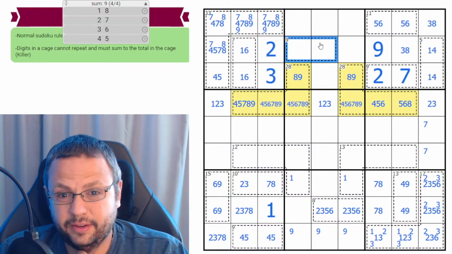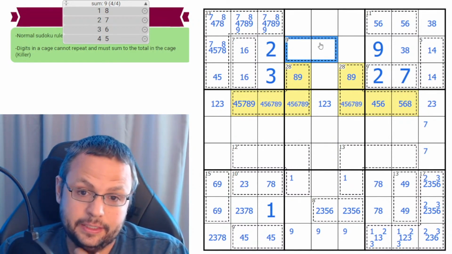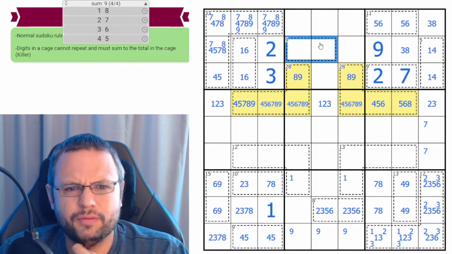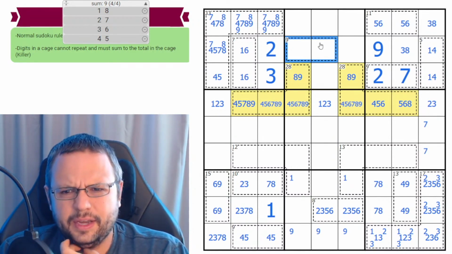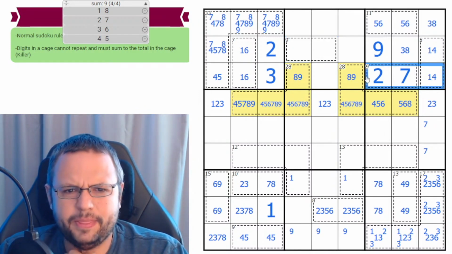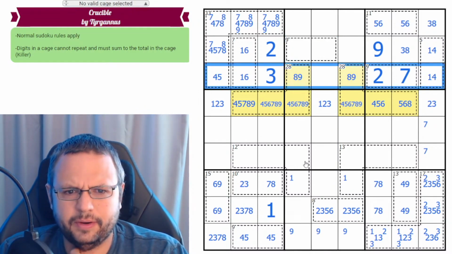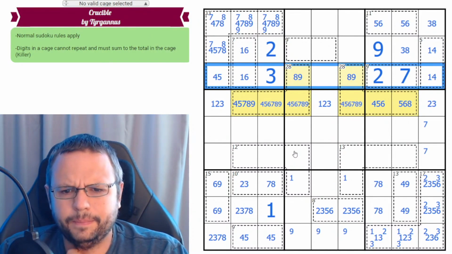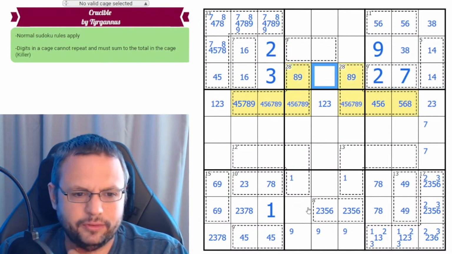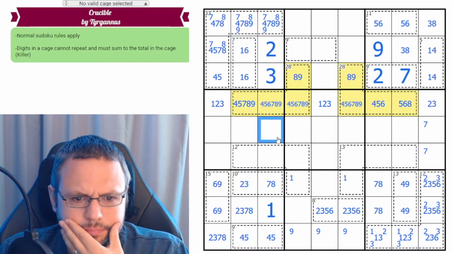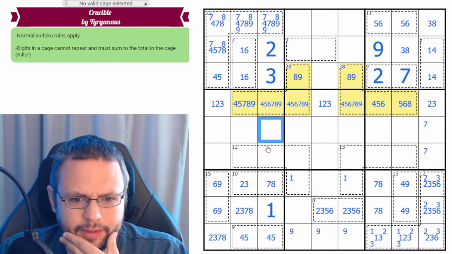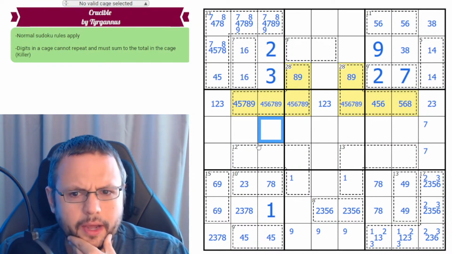Still be 3, 6. It can't be 1, 8. So this is either 3, 6 or 4, 5. I don't think I know yet. What about this row? This row's got to be interesting, right? Maybe not. This is a 1, 4, 5, or 6. I tried. Okay.